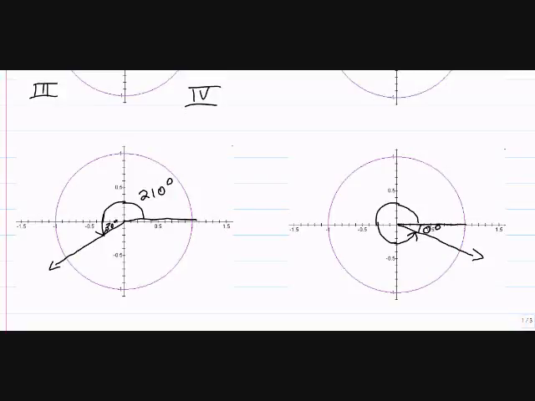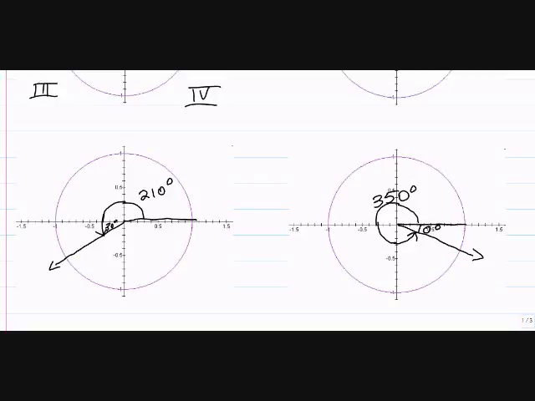Or I could do it a little easier. I could think, I wonder how many degrees it's going to be around the whole circle. 360. So I could just take 360 minus 10 and get that this angle is 350 degrees. Or I can do 270 plus 80. Okay.